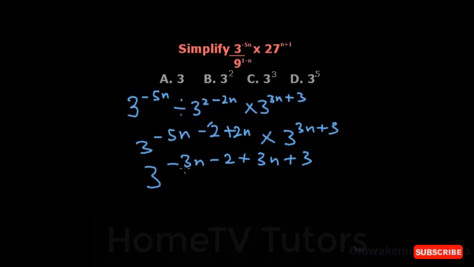Okay, so minus 3n plus 3n, we cancel this out. Minus 2 plus 3 will give us 1, so that is 3 raised to power 1, and 3 raised to power 1 is 3. So answer option A is the answer.